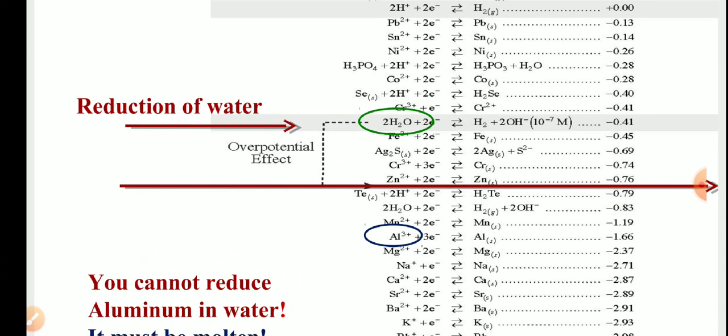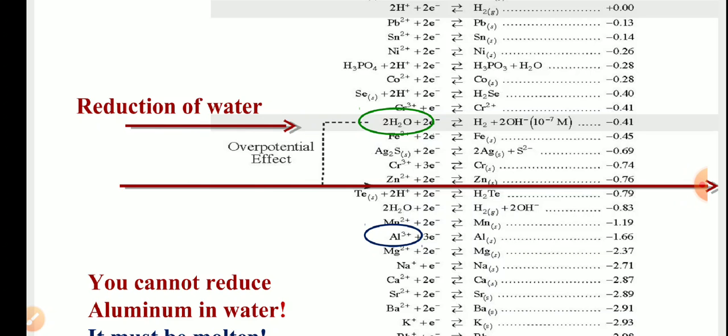So if water and Al3+ are present in an electrolysis cell, then the water will be reduced and it will form H2 at the cathode. So if water molecules are present in the solution, then it is not possible to get aluminium at the cathode.